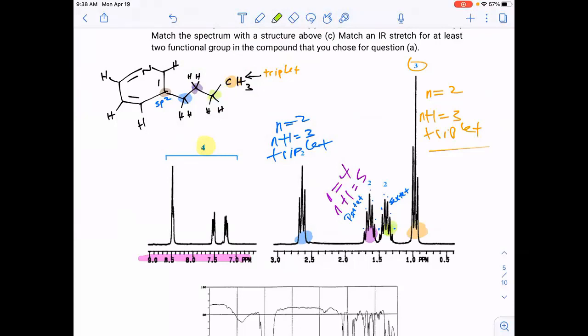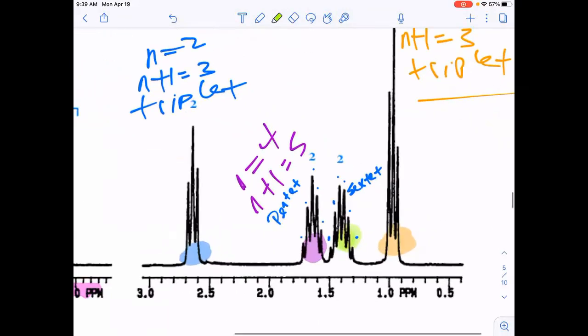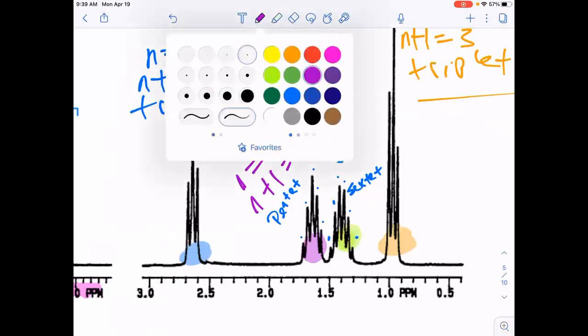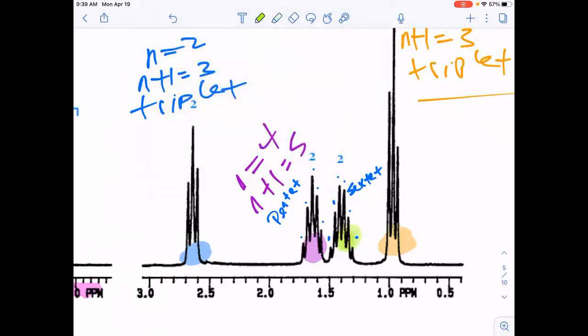It's surrounded by 5 hydrogens, so yeah, it has 5 neighbors. So then you'll add 1 and you'll get 6, so that'll make a sextet. Right. So for this one, N is 5, N plus 1 is 6, right?